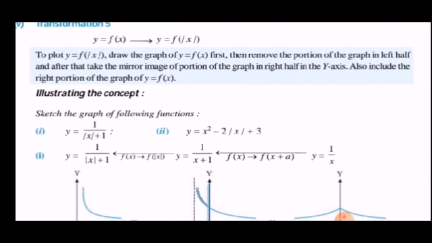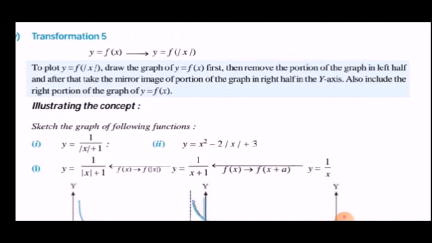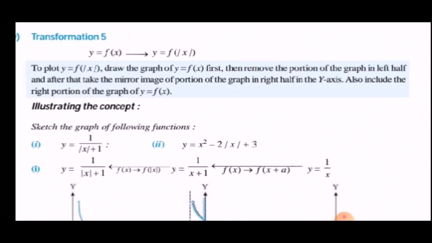Before taking the mirror image, you have to remove the portion in the left half, and after that take the mirror image of the right half graph in the y-axis. Also include the right portion of the graph of y equal to f(x).